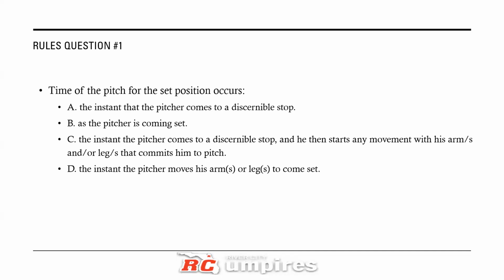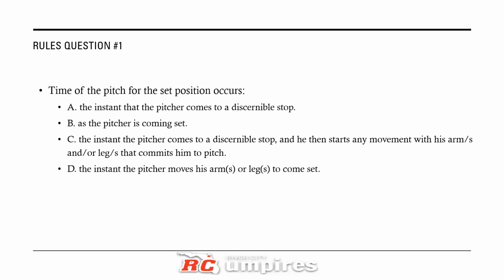This one is really, really obvious. Why is this one really obvious? Somebody. There's only one that actually talks about a pitch. It's C, the instant the pitcher comes to a discernible stop and then starts his movement. That's not why.